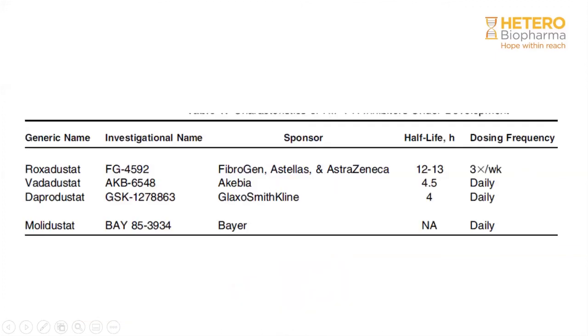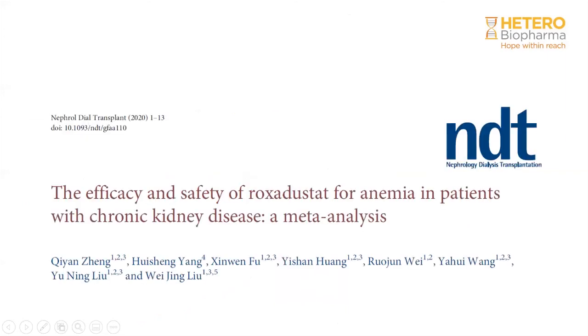These are the trials which have been going on: roxadustat, vadadustat, and daprodustat, which our center is involved with, but there have been extensive studies with roxadustat. This is a meta-analysis which was just published about a week back in NDT, which talks about the efficacy and safety of roxadustat. Not much promising.